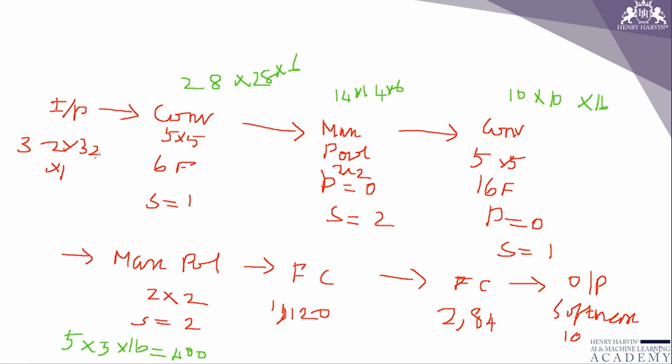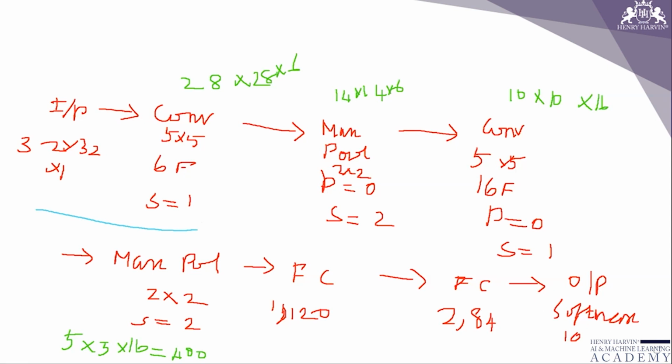The input size is 32 into 32 into 1, and this is fed into the convolution layer 5 cross 5, and there are 6 filters and stride is equal to 1. Now let us look at how it works.